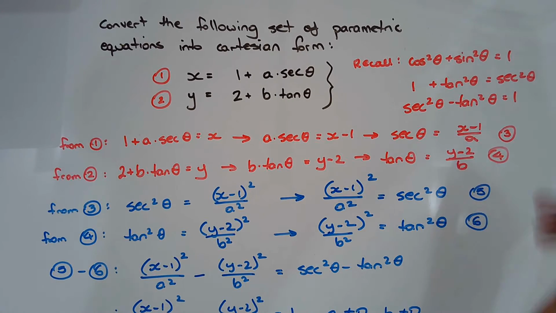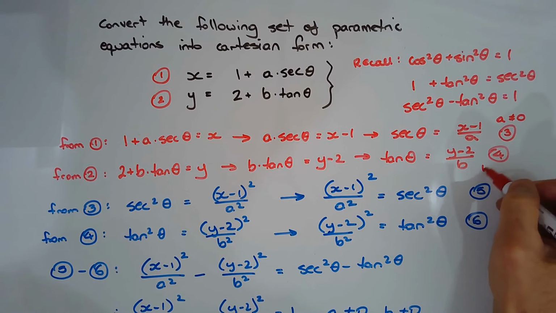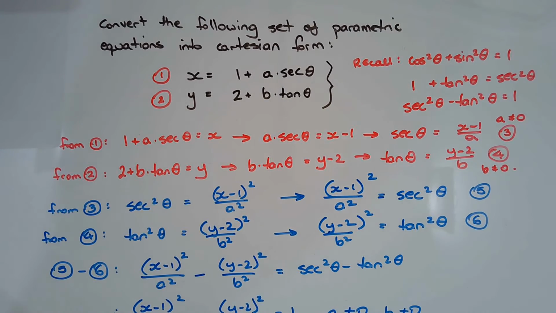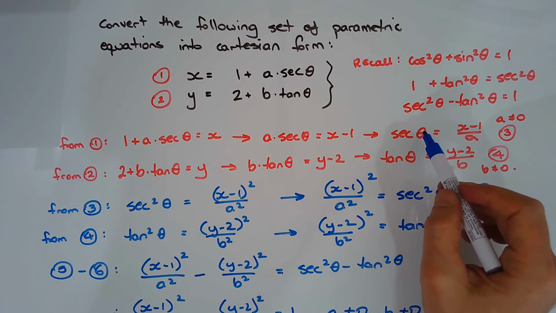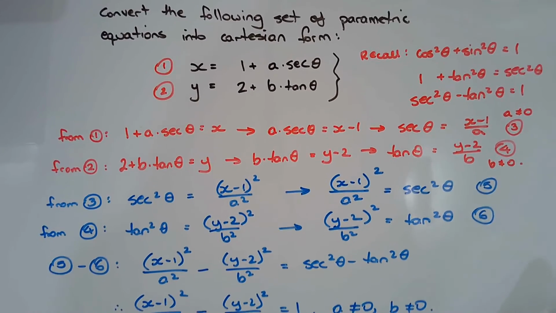I should write down here somewhere that a cannot equal 0, and b also cannot equal 0. Now, we have our sec theta and our tan theta as subjects of their respective formulas. But we need sec squared theta and tan squared theta, because that's what we're going to work with. I'm just going to move the board up a little bit.